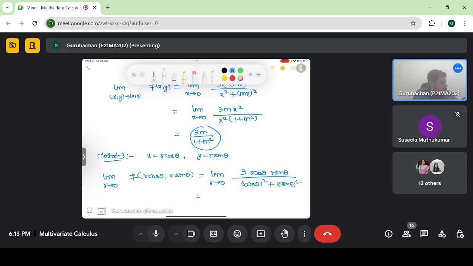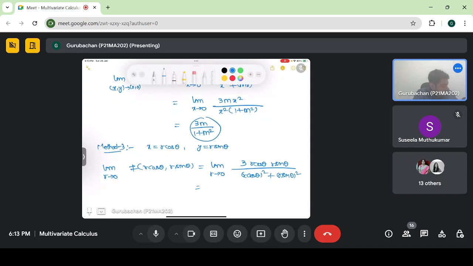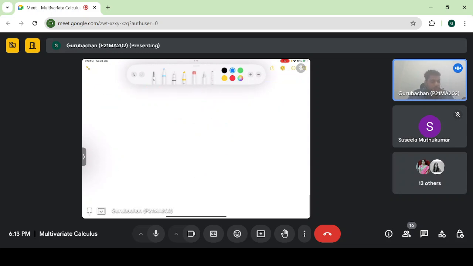So it will come out to be 3 cos theta sine theta divided by 1. In the division there is nothing, so it is depending on theta. So again we can say that the limit does not exist. So till now we have learned how to find the level surface, and the second thing is how to show the non-existence of a limit.